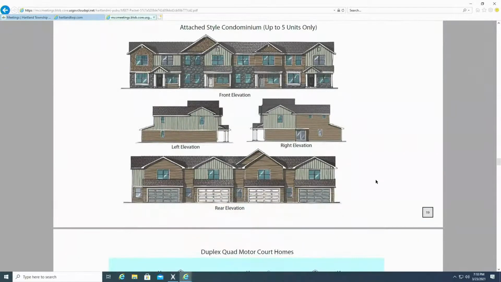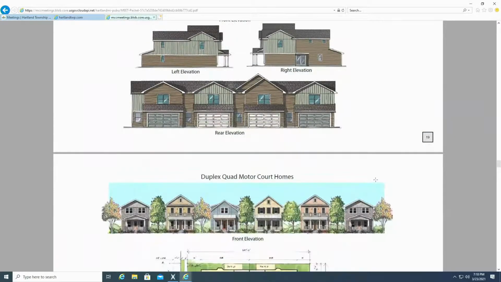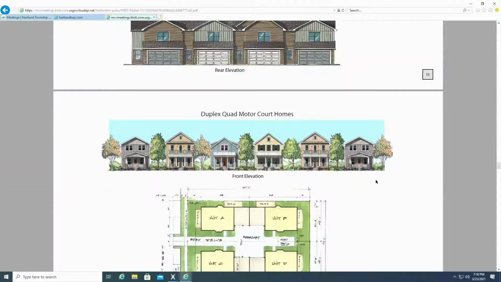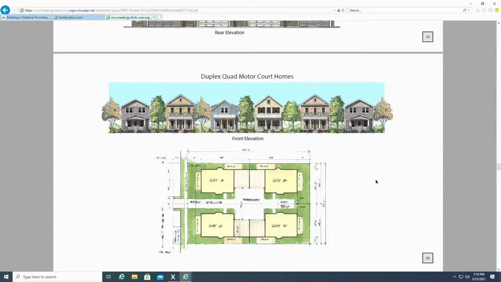That's single family there. There's some of the attached product, the townhome. There's the duplex motor court. So the duplex motor court's kind of cool. This came from Don Evans, an Orlando architect. From the street, you see a single-family house, but the motor court units are attached front to back with the garages separating the units.